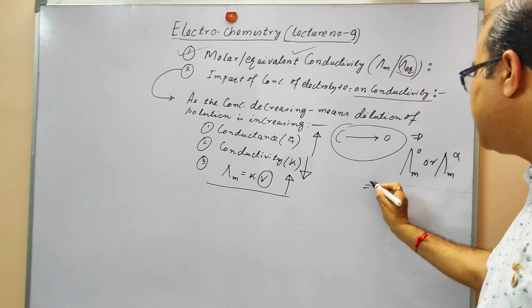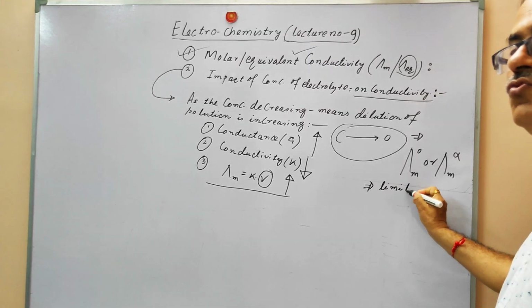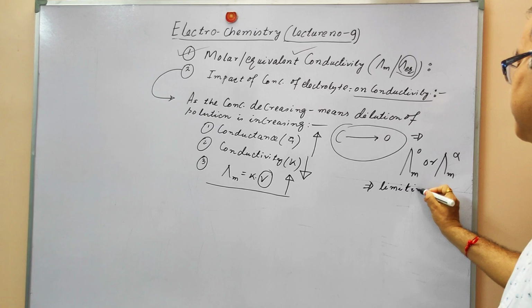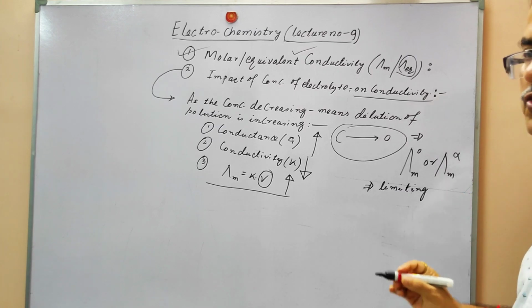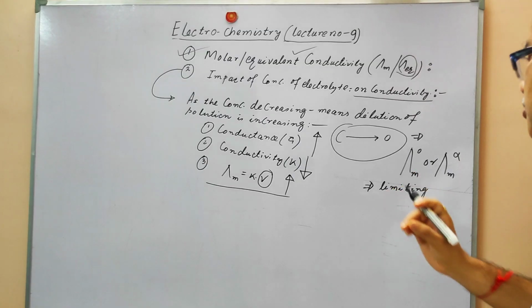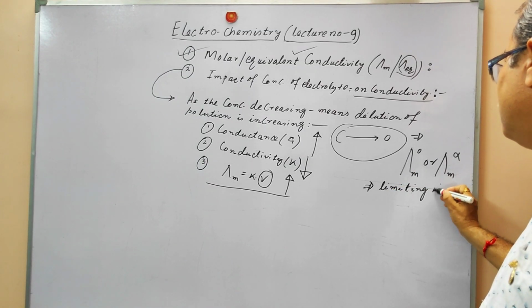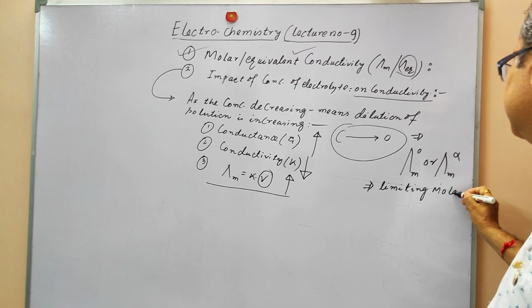As we go on decreasing the concentration, when the concentration tends to 0, this is called the limiting molar conductivity.